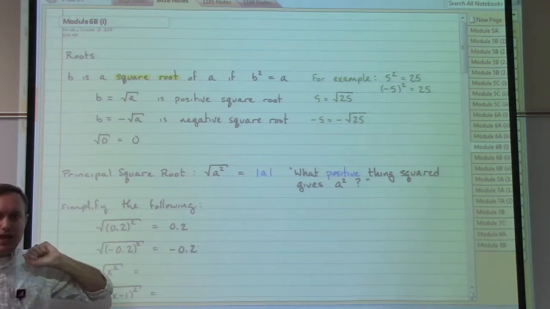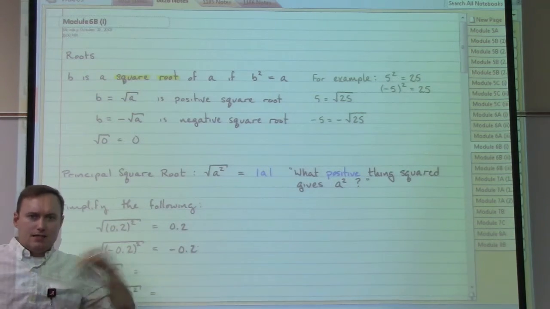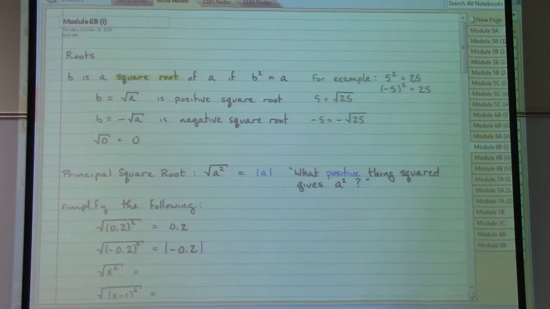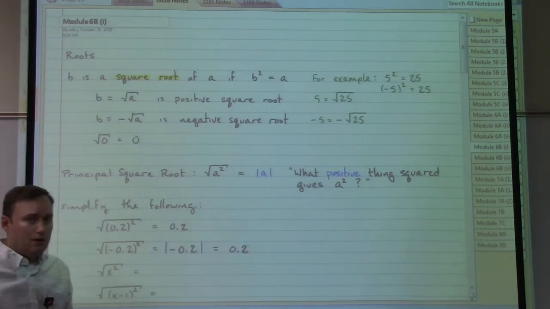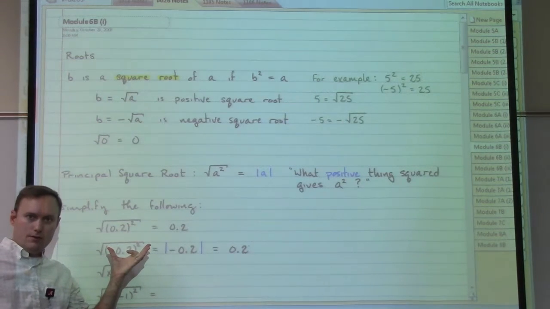But our answers have to be positive, so this is not an acceptable answer, not yet. Officially speaking, we need to put those absolute value bars in there. Once we put those absolute value bars in, we can simplify this particular answer so that it ends up being 0.2. That is the positive thing that would be squared in order to give us this.